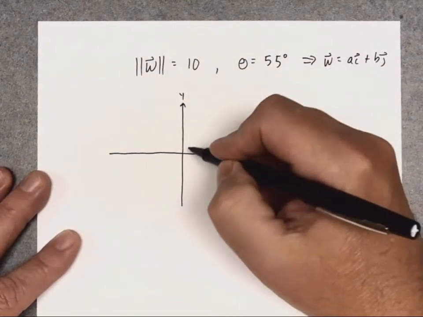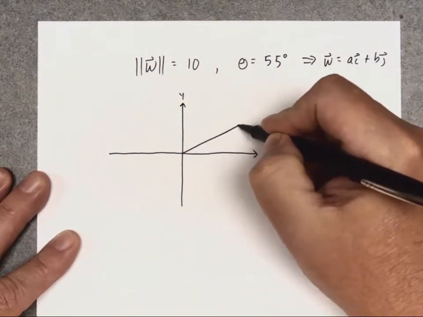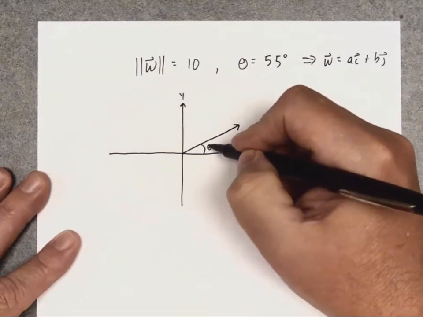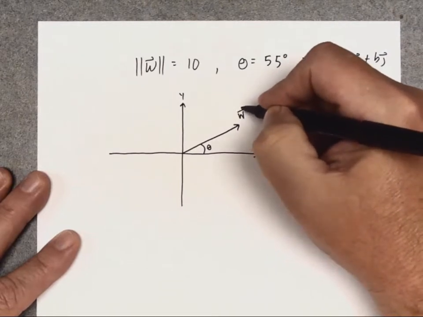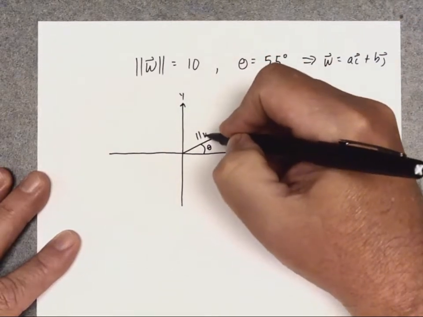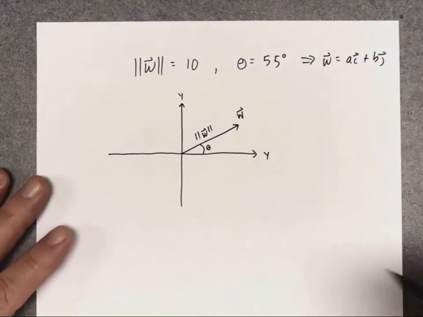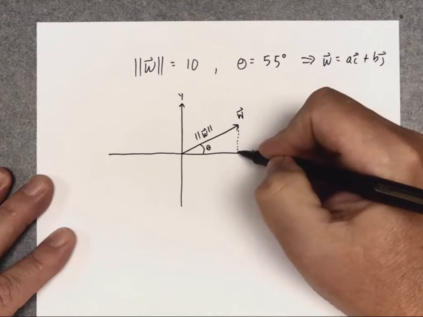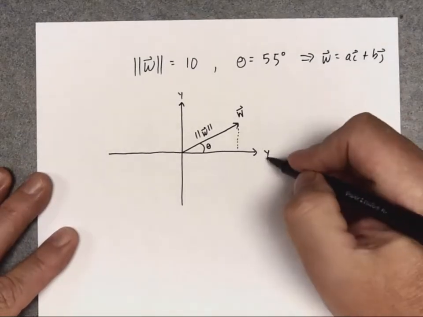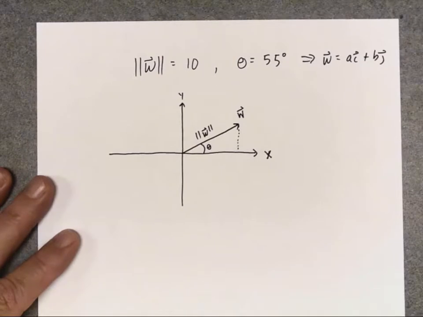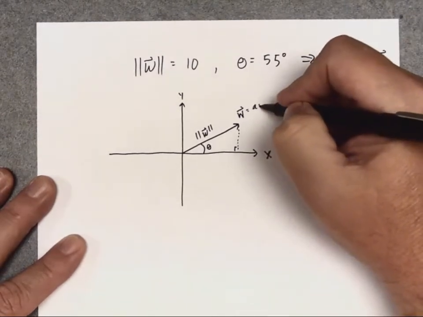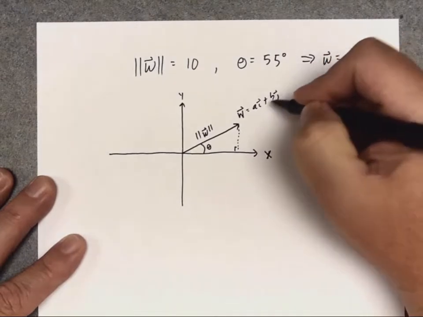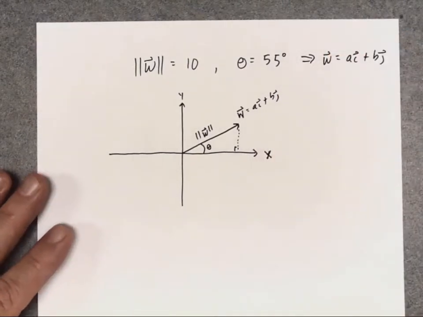So let's just draw in here some random vector. There's an angle. Just for fun, we'll call this vector W. And once again we're going to think of this as a right triangle, where the A is like the x part, the B is like the j part.